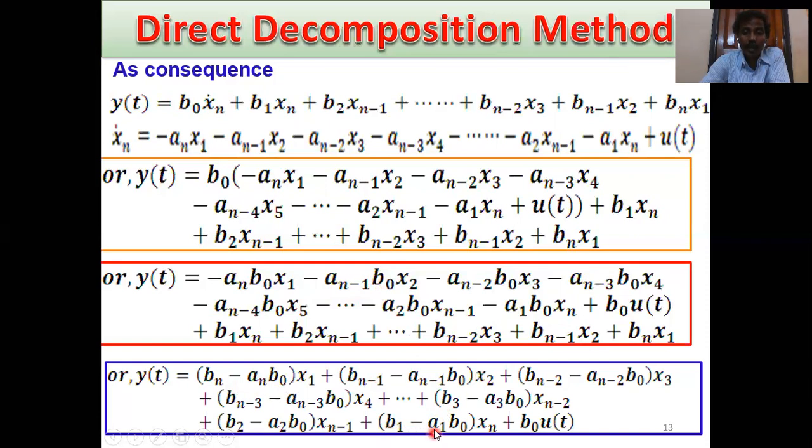Then common xn, this is the xn term, and this is also an xn term. So xn common, b1 minus a1 b0.